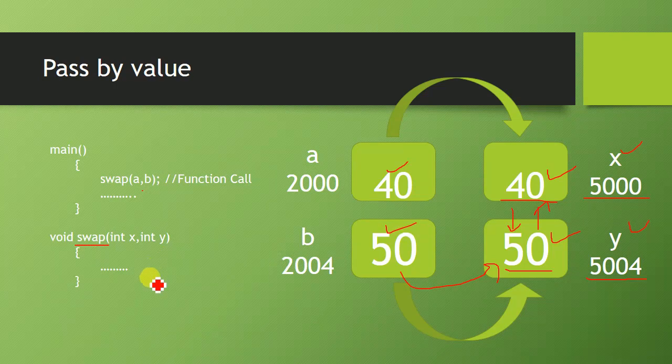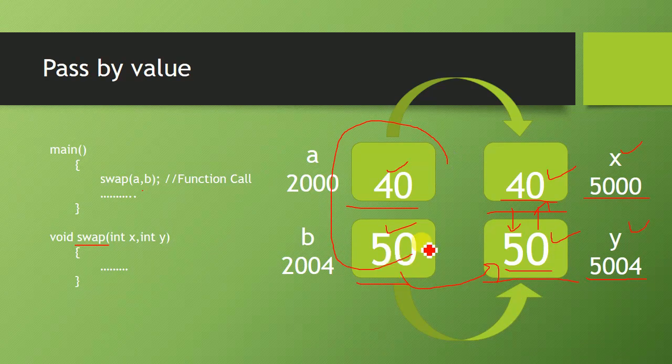That means if we make changes to the values in our function, those changes will not be reflected back in the calling function, from where we are calling the function. So in the pass by value method, what we are actually doing is making a copy of our variables at some other memory location.